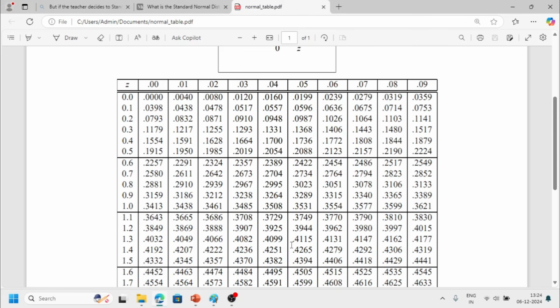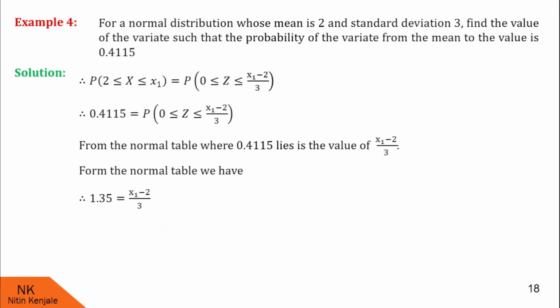I see 0.4115 lies at 1.35. So the value of x1 minus 2 upon 3 is 1.35. Finally, we simplify this to calculate the value of x1. I see x1 is 6.05. So this is the required value of the normal distribution variate whose probability from the mean is 0.4115.